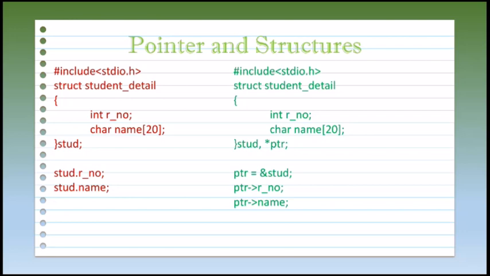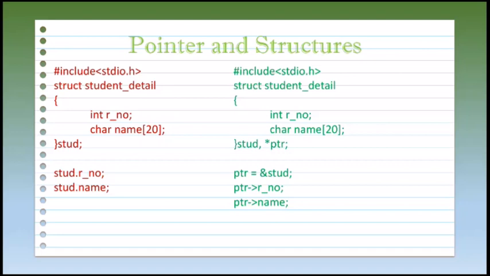Basically, a pointer variable is used to store the address. So here also we are doing the same thing. The address of the variable stud we are trying to save in the pointer variable. So the statement is ptr equal to and stud. To access the members by using the pointer variable, we have to use the arrow mark, that is hyphen and then the greater than symbol.